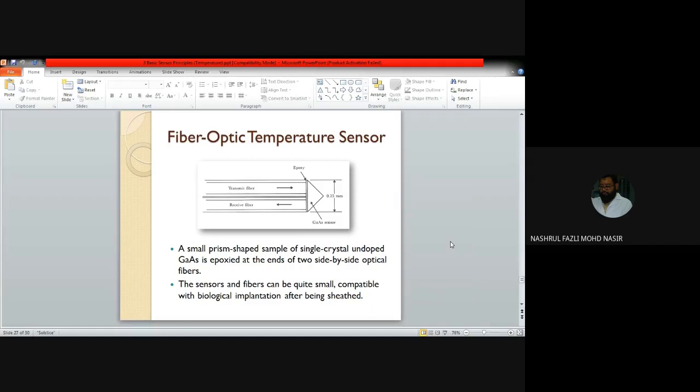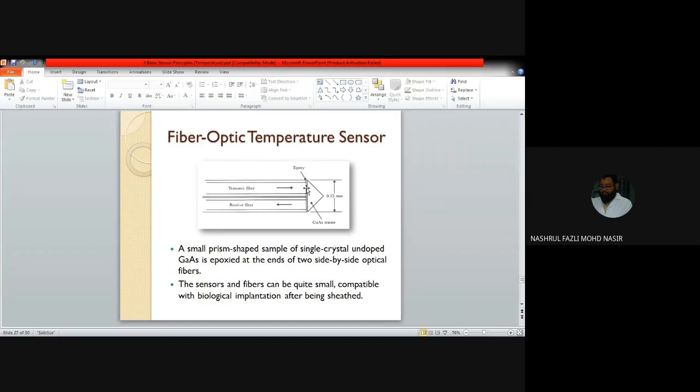Fiber optic temperature sensor. It's a small prism-shaped sample of single crystal undoped gallium arsenide, epoxied at the ends of two side-by-side optical fibers. So this is the gallium arsenide sensor.